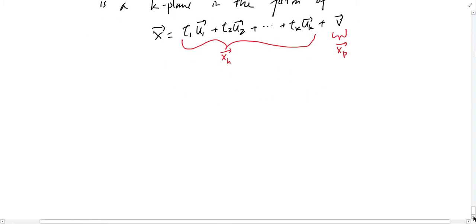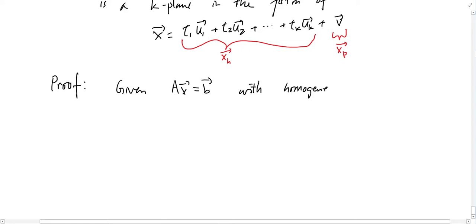So I'm going to show you why that is the case. I want to show you a very simple proof to illustrate the reason. Let's suppose we are given a system A vector x equal to b with the associated homogeneous system A vector x equal to 0.